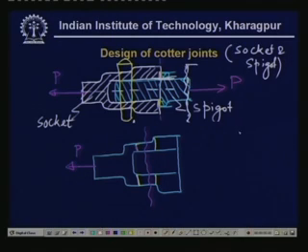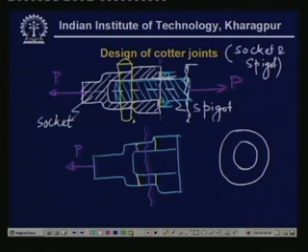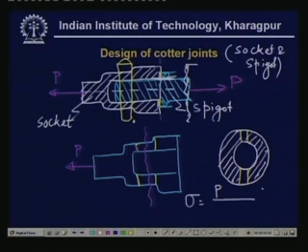If you draw the cross section, this is hollow, remember, and the cotter passes. So, this part is subjected to tension, and therefore sigma is equal to P divided by the total area.